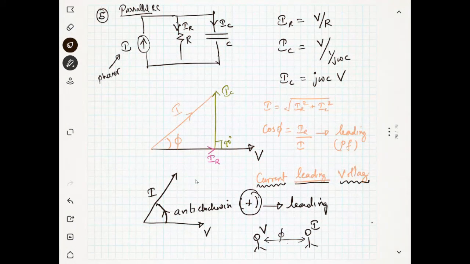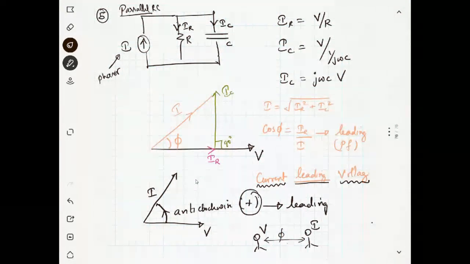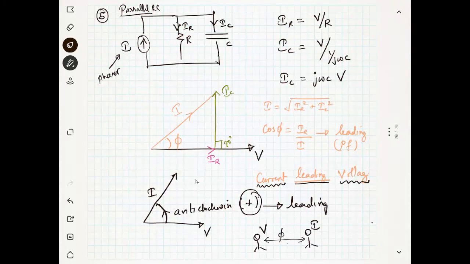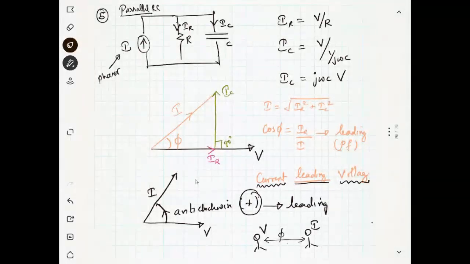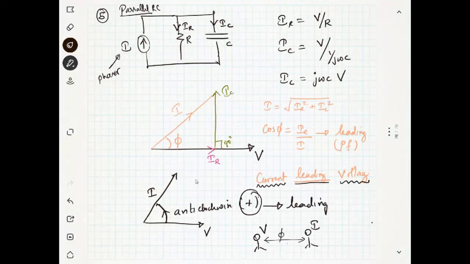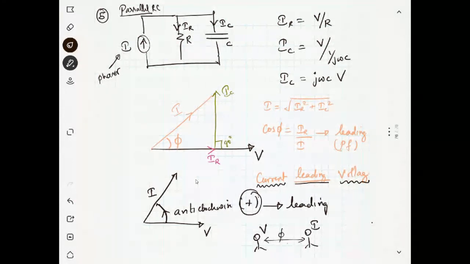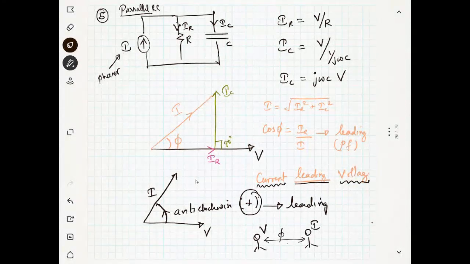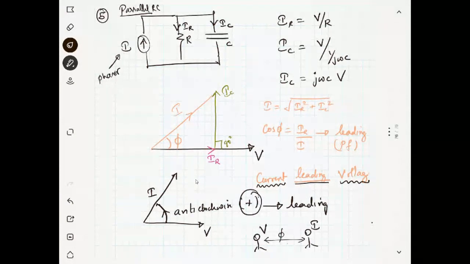I hope it is clear, everybody, right? Okay, so don't forget this. Whenever somebody tells you about leading, lagging, don't confuse what is first. First one is current. If somebody says I have a lagging power factor, the meaning is the current is lagging the voltage.